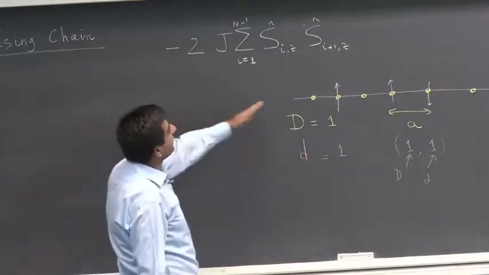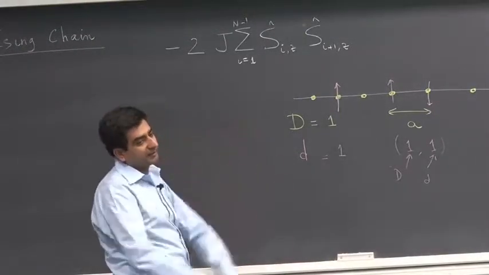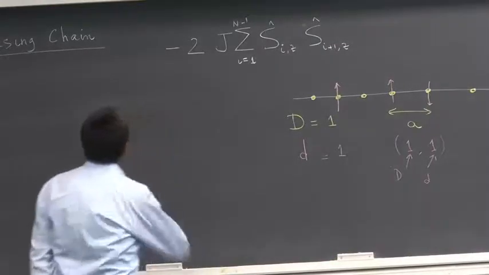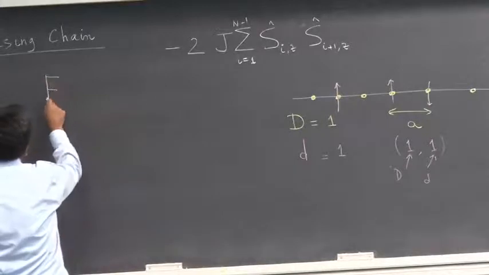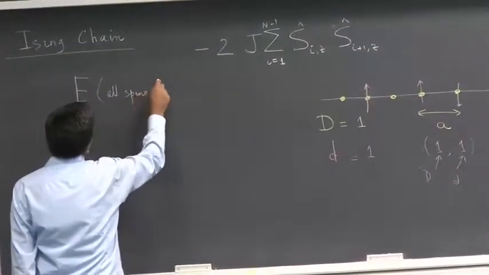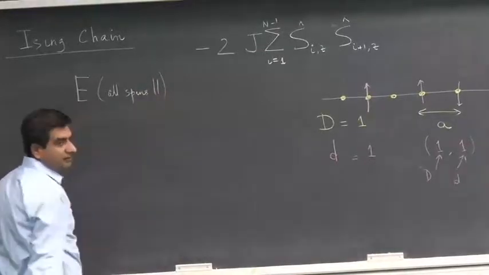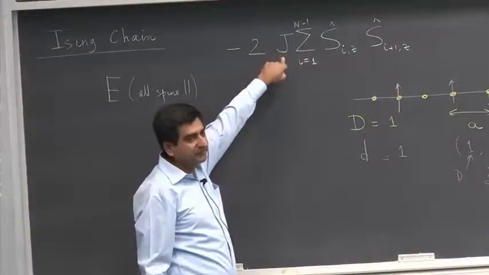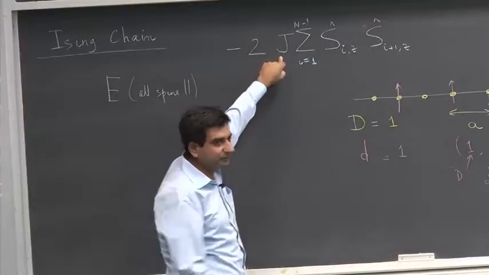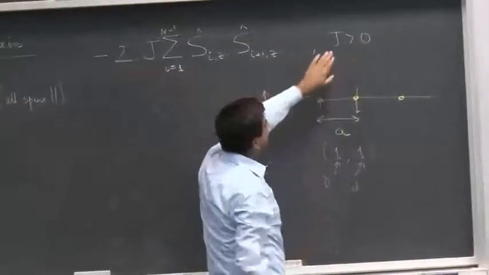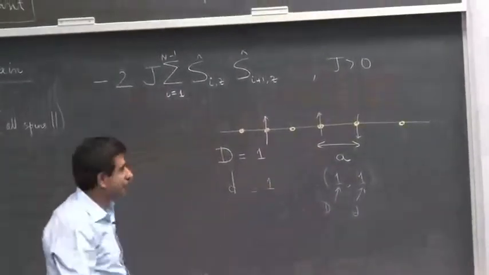If all the spins are parallel to one another, this system will have a certain energy. So the ground state energy when all spins are parallel, J has to be positive if you want to expect ferromagnetism. J is positive. This is the exchange coupling constant.